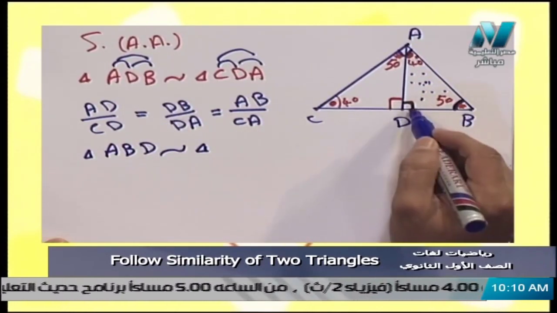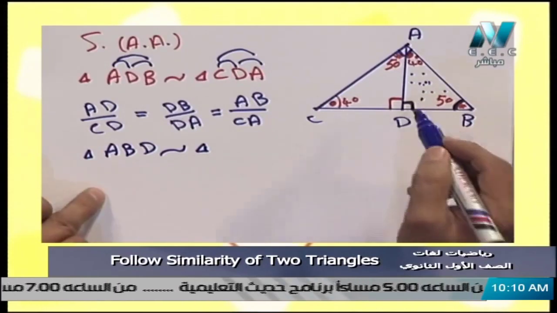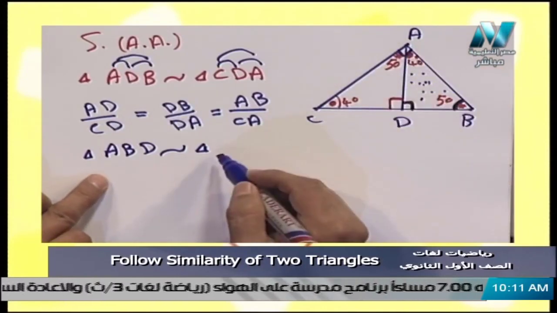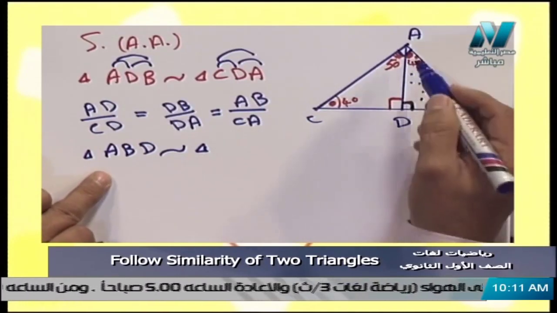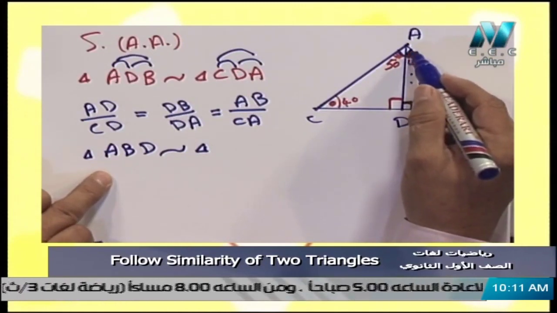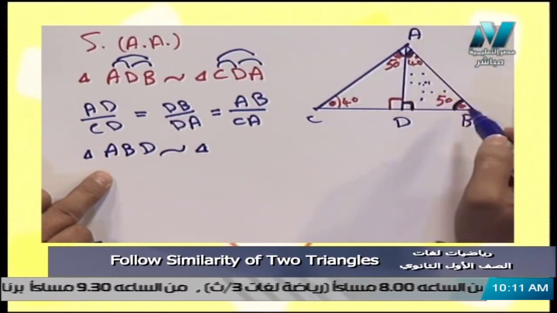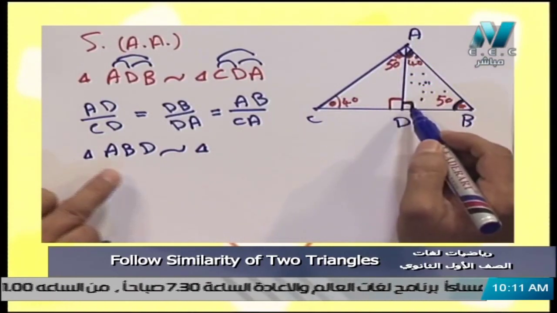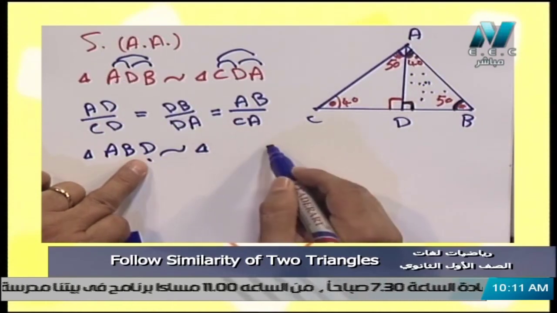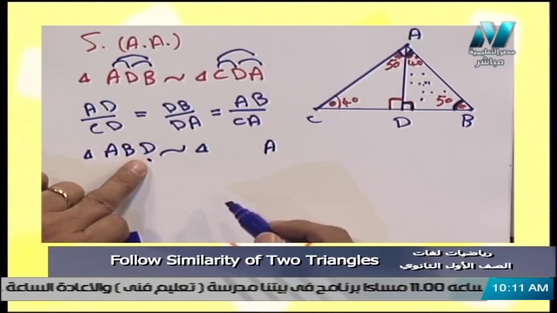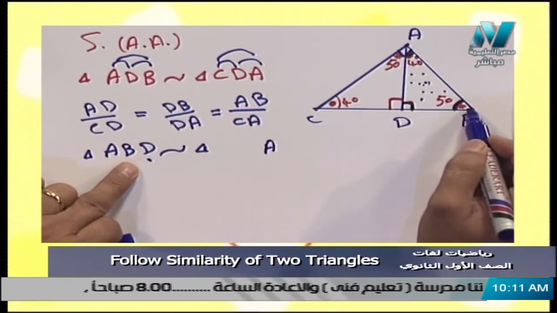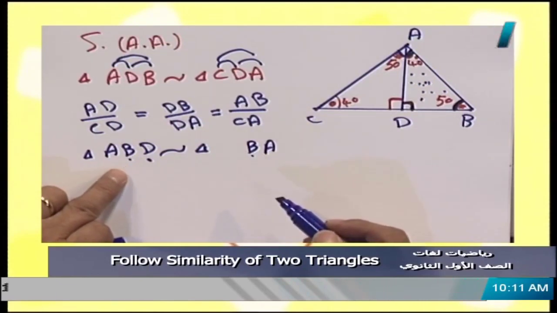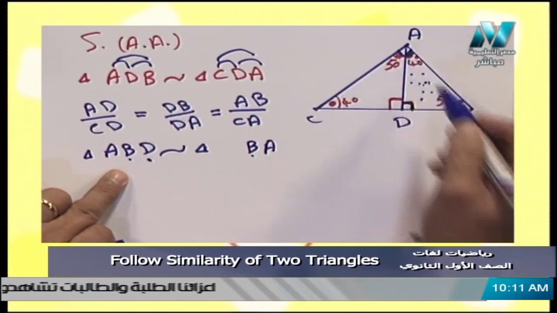We say D is right angle here. It's corresponding to A, which is the right angle. Measure angle DAB is 40 and measure angle ADB is 90. So D will correspond to A in the big triangle. And we know that B is common angle. We can put B corresponding to B. So the triangle here will be ABC.